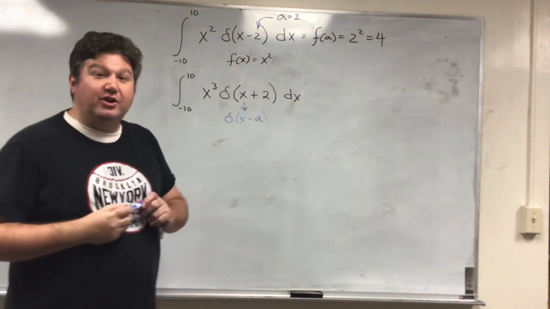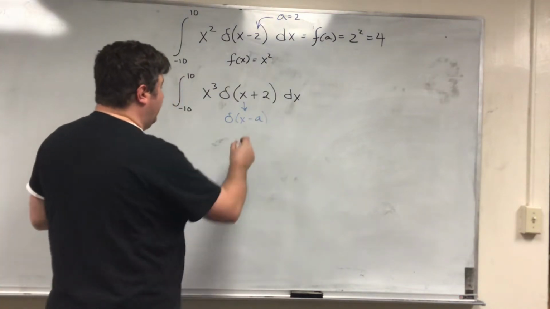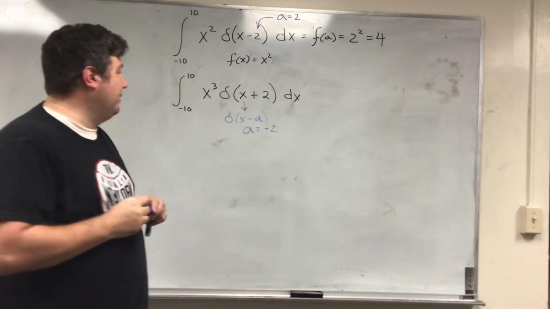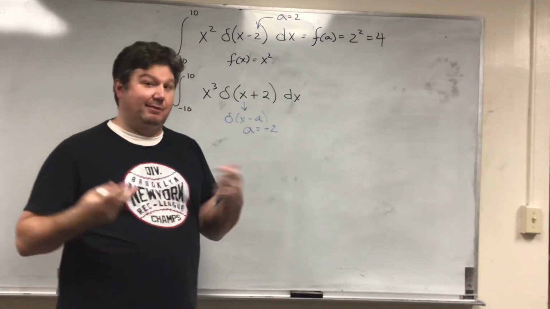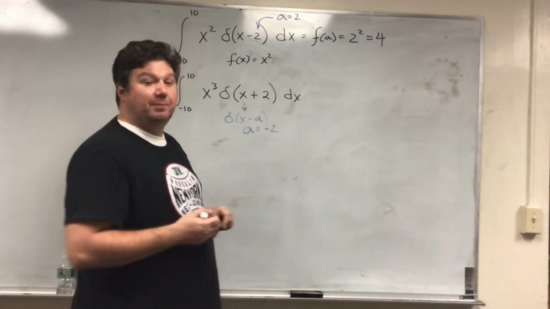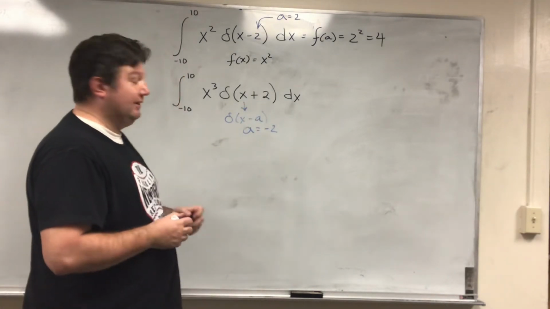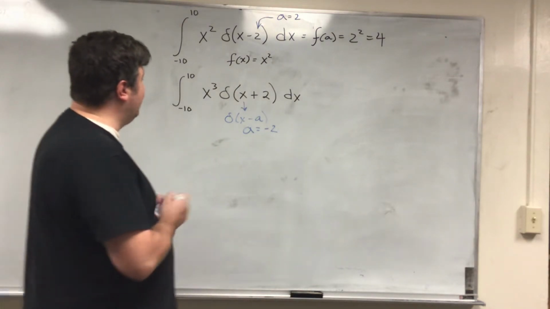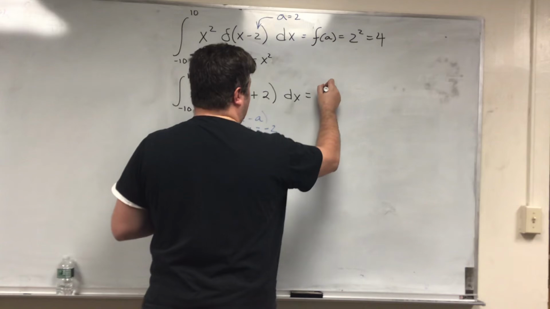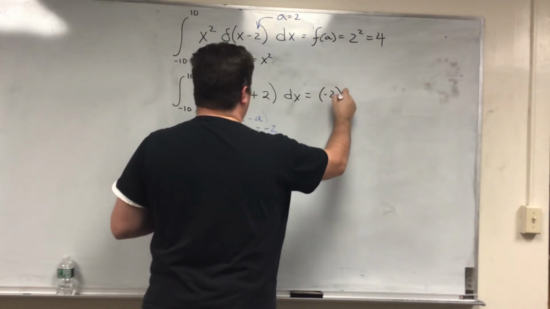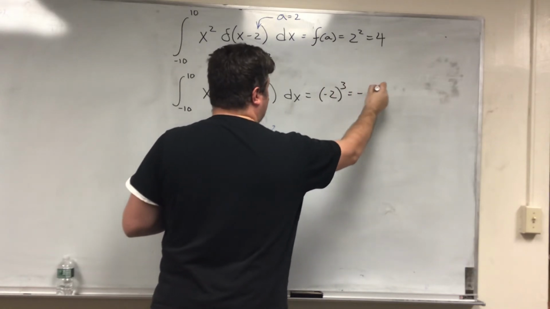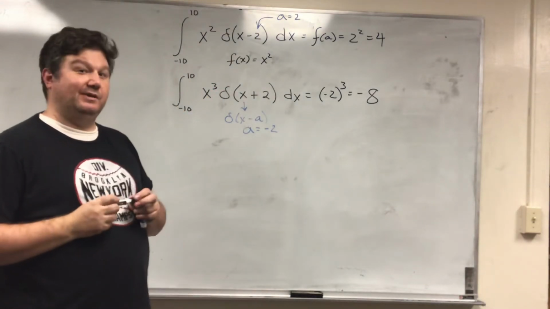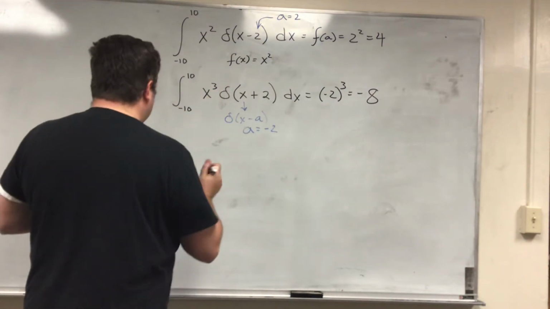So what is a going to be here? Well, here, a is going to be minus 2. If I plug in minus 2 for a, a minus times a minus gives me the plus 2. So my a is minus 2. When I evaluate this, it becomes minus 2 cubed, or minus 8. Interesting.